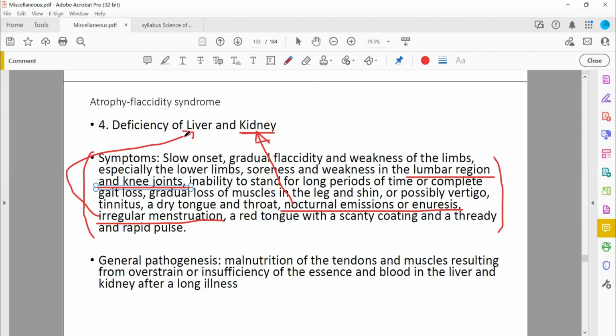The kidney organ and the liver organ, if you combine with this tongue and pulse, even if you didn't see the five center heat, there's a very high possibility that it's the liver kidney yin deficiency, right?